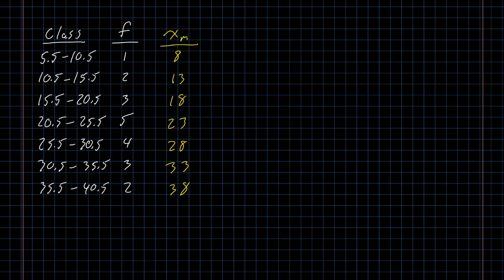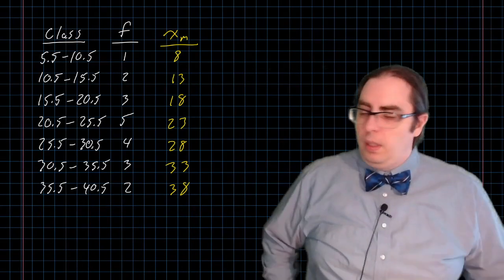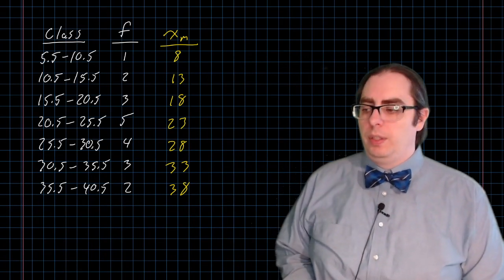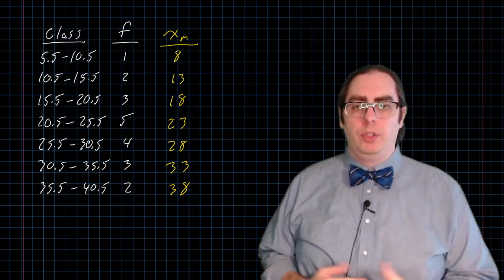We could, from here, go through the same process that we used previously. If I want to find the standard deviation of this distribution, I can use the original formula.